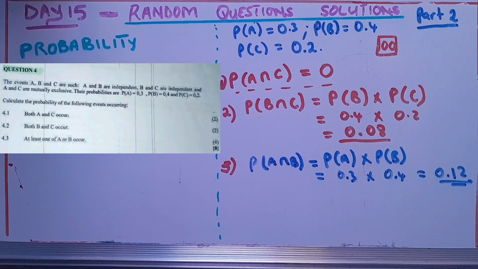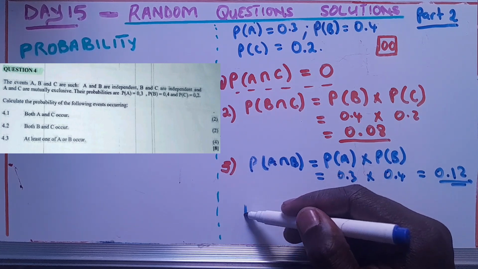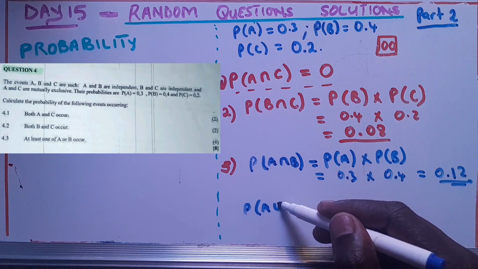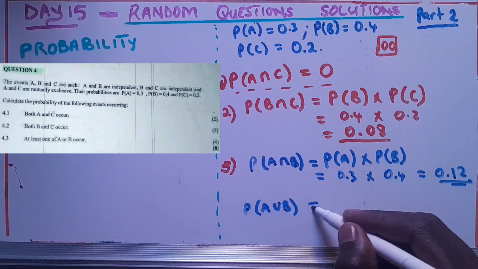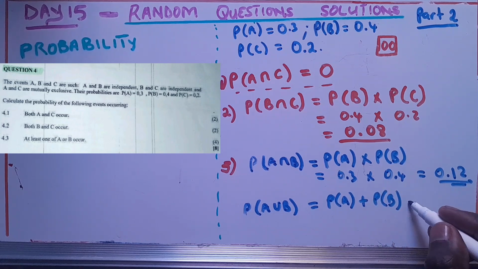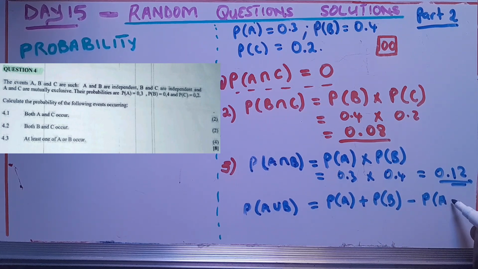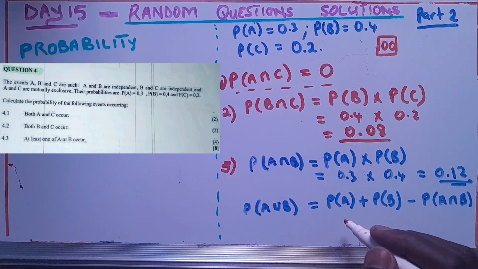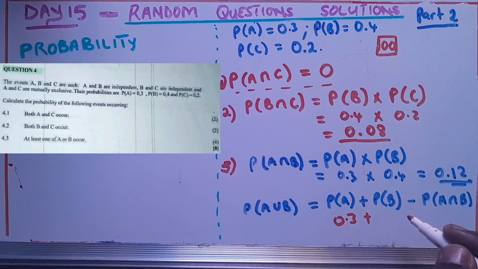Now we are trying to find A or B. We can say the probability of A or B is equal to the probability of A plus the probability of B minus the probability of A and B. So what do we have as our values? The probability of A is 0.3, of B is 0.4, and then minus 0.12.